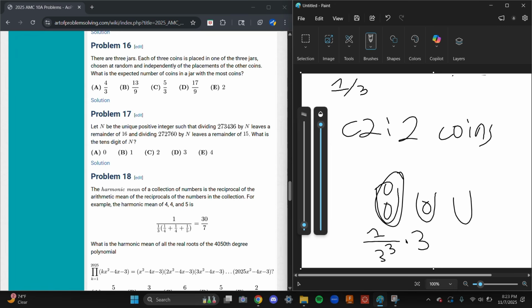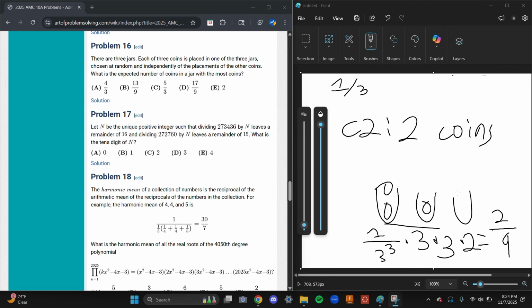So there are 3 ways to choose the coins to go in this jar, and then there are also 3 choose 2, or 3 ways to choose the jar this happens in. And then we multiply by the value again, and then we get 2/9 for this one. Oh, sorry, 2/3, I simplified that wrong.